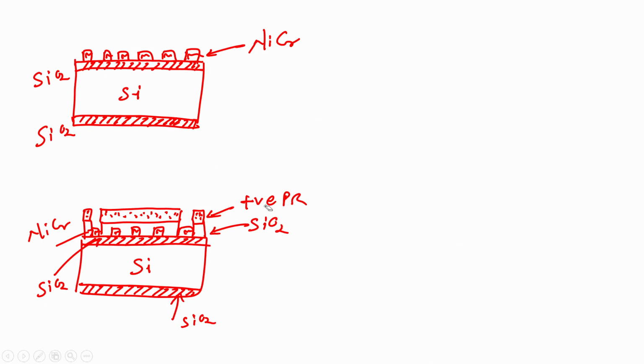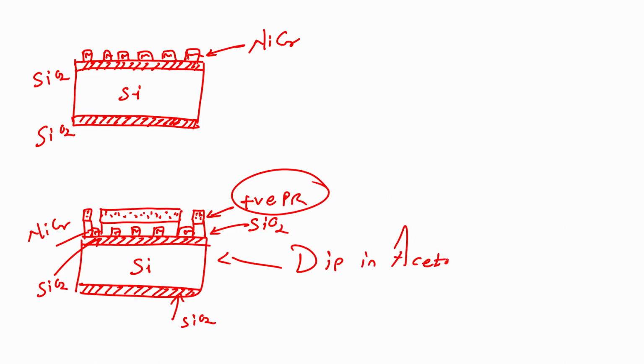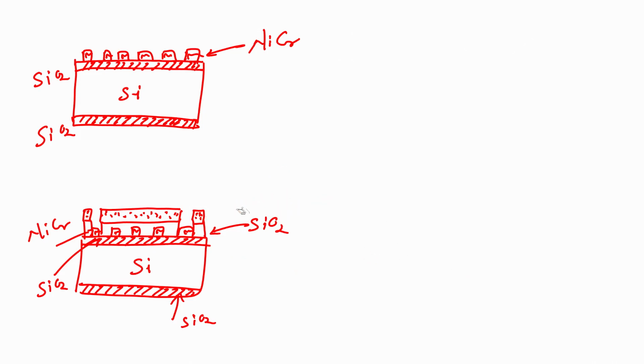Now, we need to strip off the photoresist. We should dip this wafer in acetone, and my photoresist will be stripped off. Then I will have a micro heater with silicon dioxide except on the contact pad.